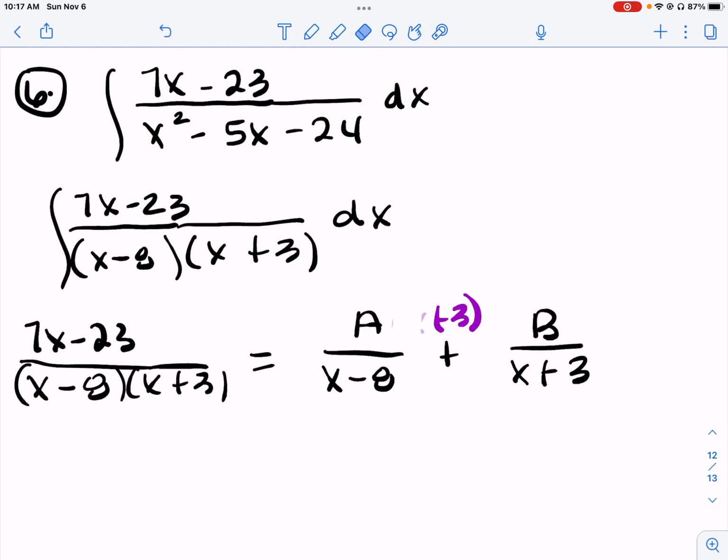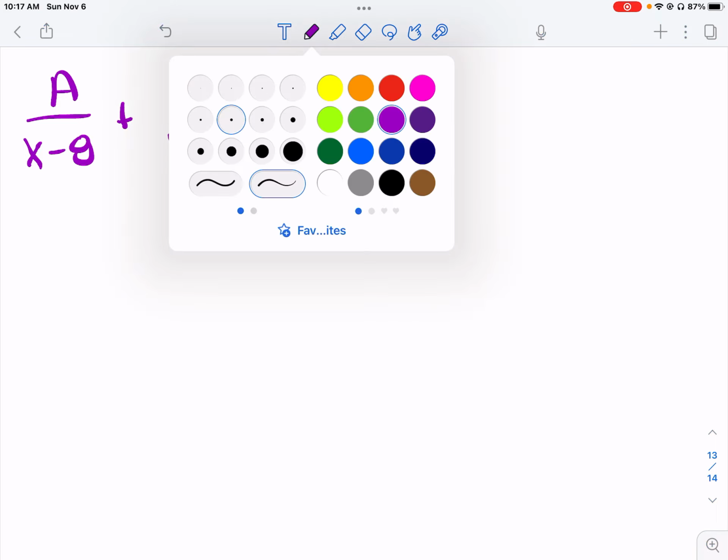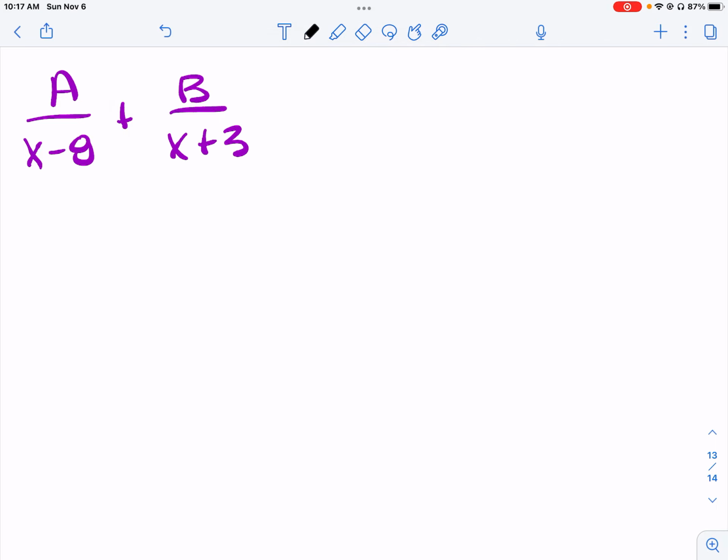Let me not use shortcuts. Let me do it right, okay? So we have A over x minus 8 plus B over x plus 3. Our common denominator would be the two of them multiplied.